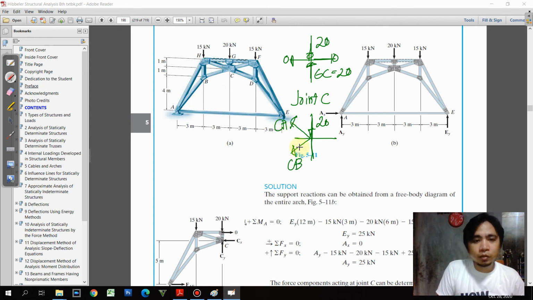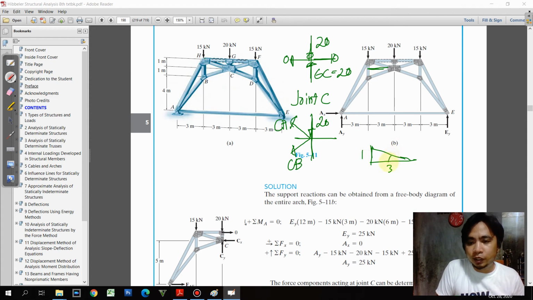Now we need to know the angle here. So obviously if we use this triangle here, you have a bottom dimension of 3 and this is 1.